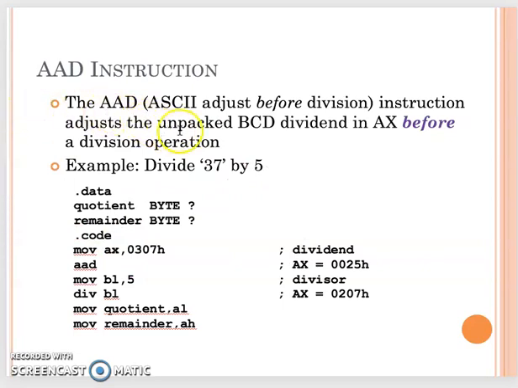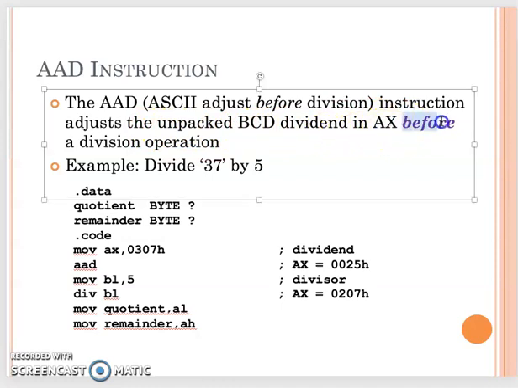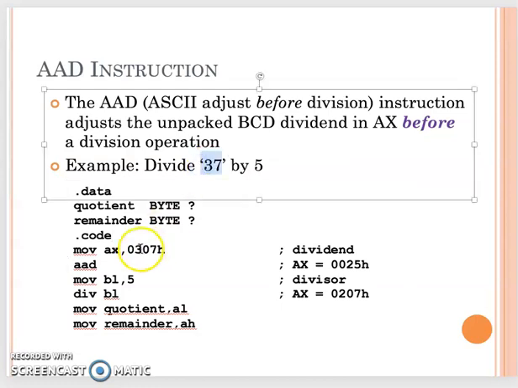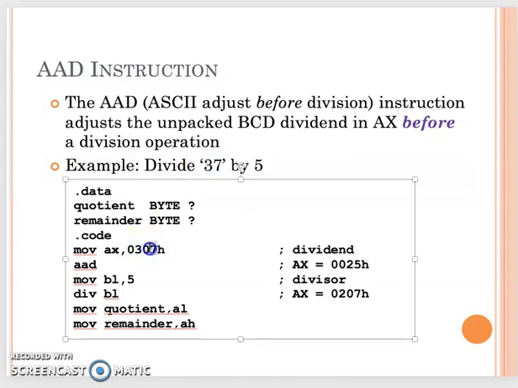The other one we have is the division. Be careful: this instruction adjusts the unpacked BCD dividend in AX before the division starts. For example, you have 37 divided by 5. Each digit needs to be unpacked, so AX is 0307, in unpacked BCD.